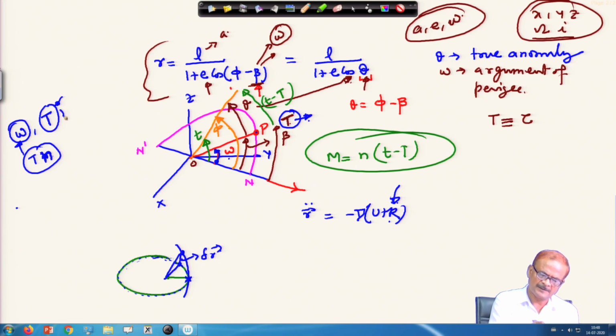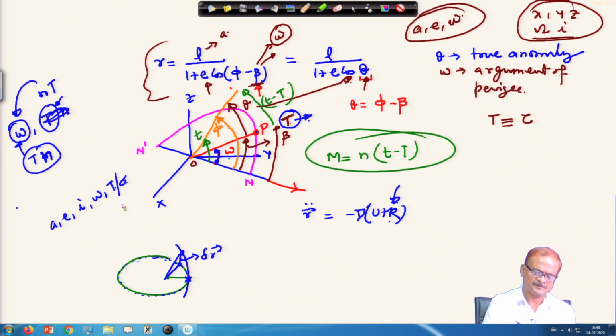If you multiply the mean angular rate with the time of perigee passage, you are not going to get this. Otherwise, there is no meaning to writing a, e, i, small omega and t, or sigma, which we are using here, and capital omega. See, if both were the same, there would be no meaning to writing that these are two different constants.